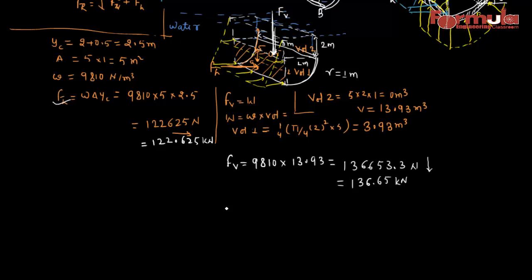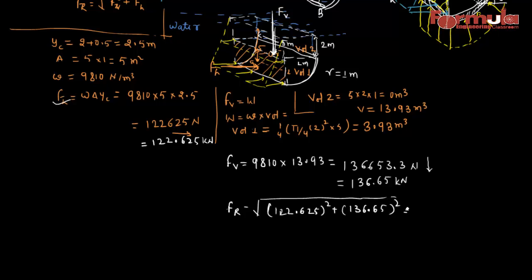So resultant force Fr will be equal to the square root of Fh square plus Fv square, so 122.625 square plus 136.65 square. So this is our resultant force.